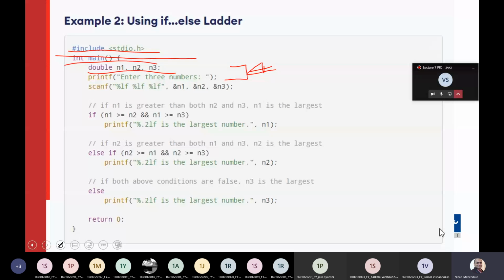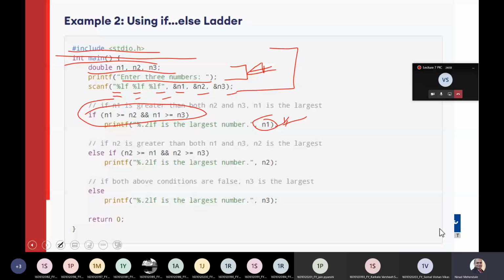Next thing is once the user enters the three numbers, then you scan those three numbers using %lf and then write n1, n2, n3. So this part of the program is still the same. The first if statement is also the same, where we compare n1 with n2 and n3 using and. Now when I put and, I say I want both of the statements to be true.